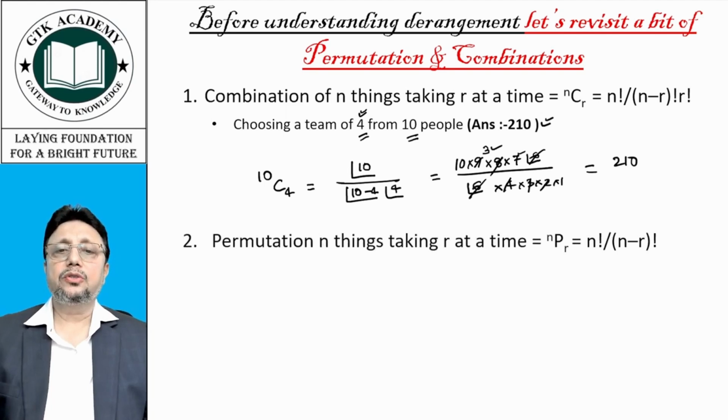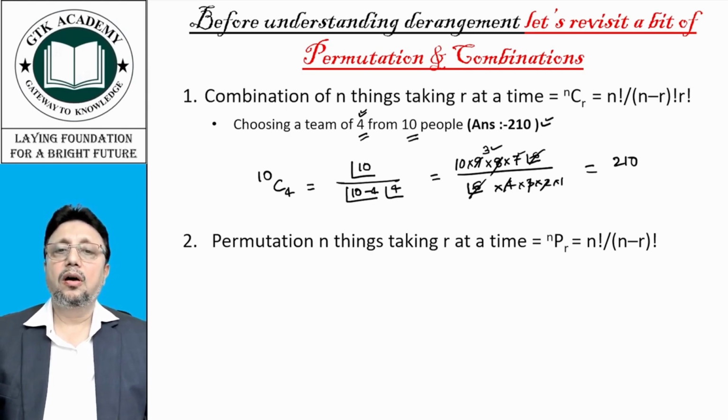Now, permutations of n things taking r at a time. What do we mean by that? If there are n things and we take r at a time, in how many ways can they be arranged at different places?